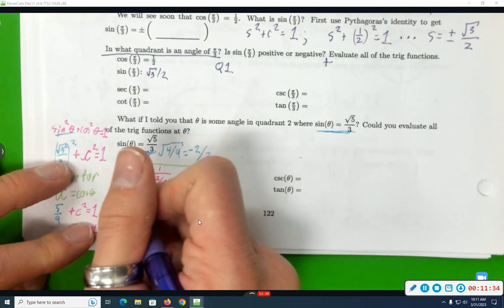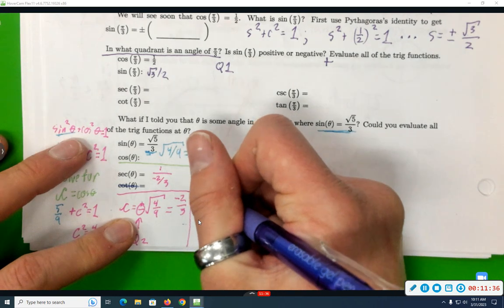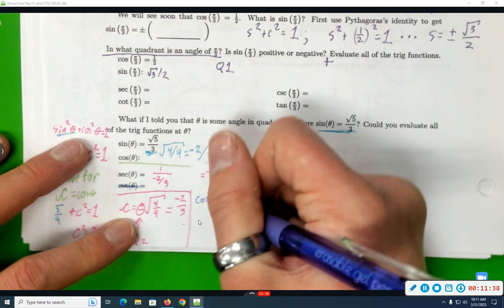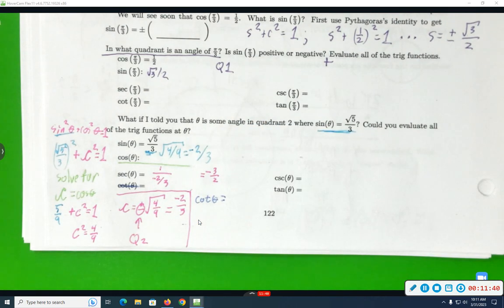I guess I painted myself into a corner. I don't have space for cotangent. So you would think that secant would go with sine and cosecant would go with cosine, but that's not the case.